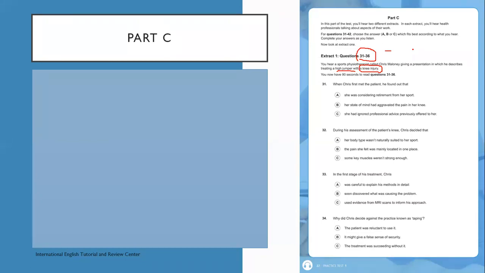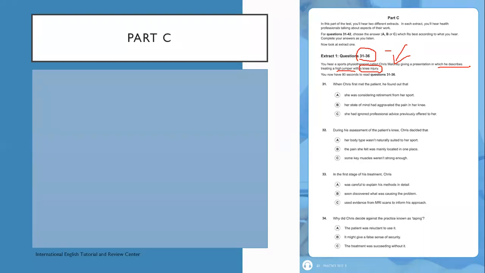So here, you have to know and understand what the topic is. The topic is the physiotherapist describing a treatment given to a high jumper who had a knee injury.